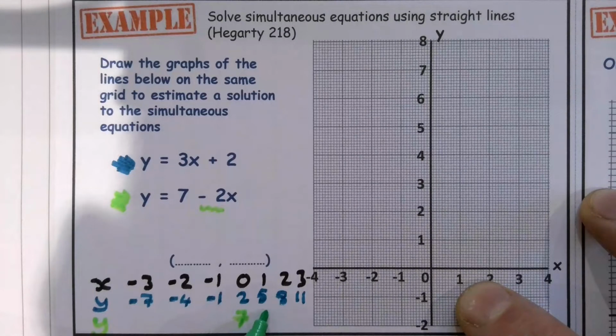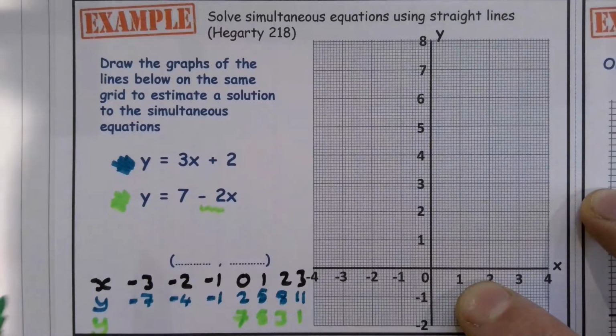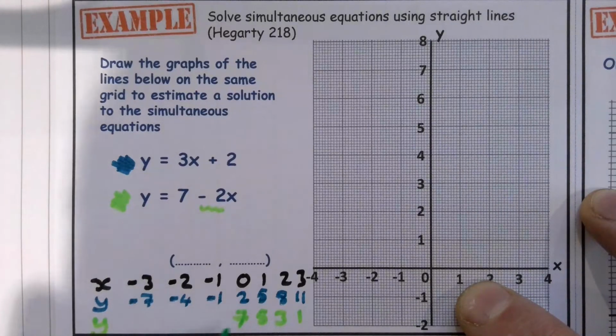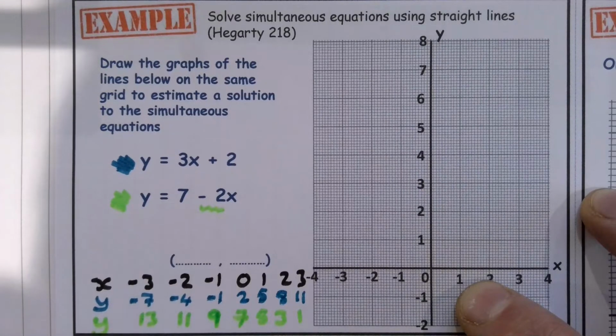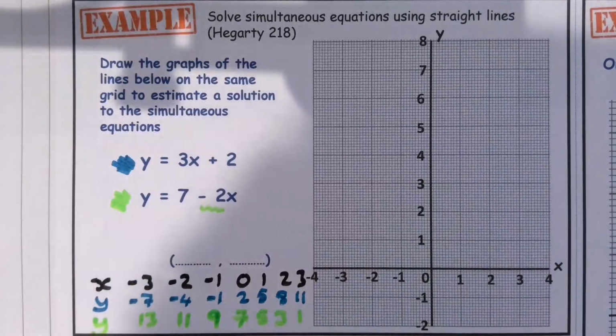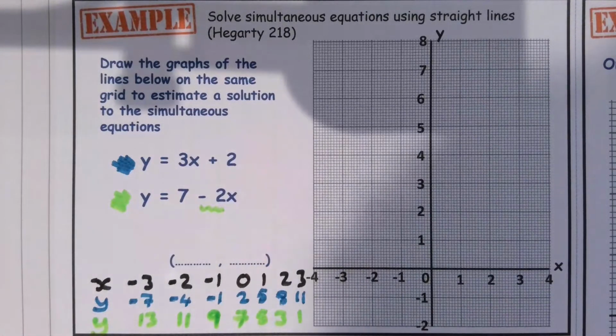So that's going to be 5, and 5 take away 2 is 3, and then take away 2 is 1. Of course, going back the other way, we're getting bigger, so that's going to be up 2, that's 9, and 11, and 13.